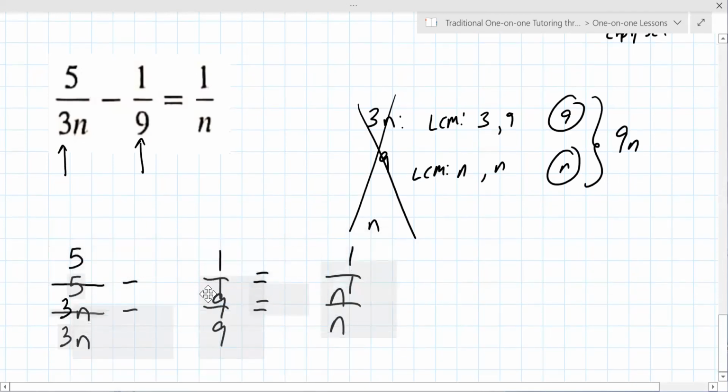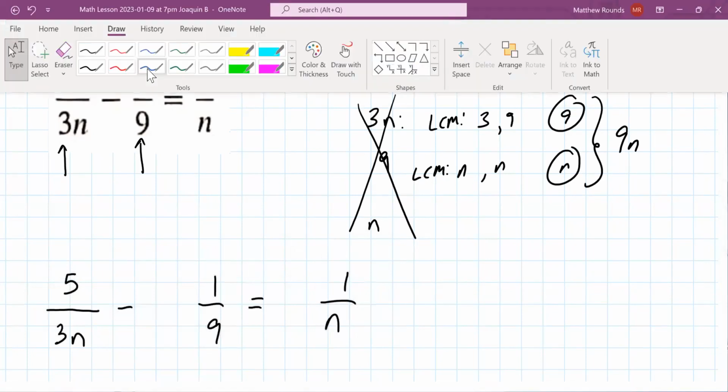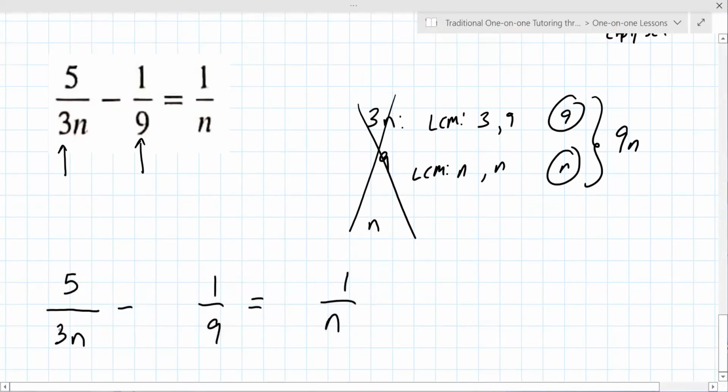How do you turn this 3n on the left, sorry, let me get to where you can see that. This 3n here, what do you multiply 3n by to get to 9n?